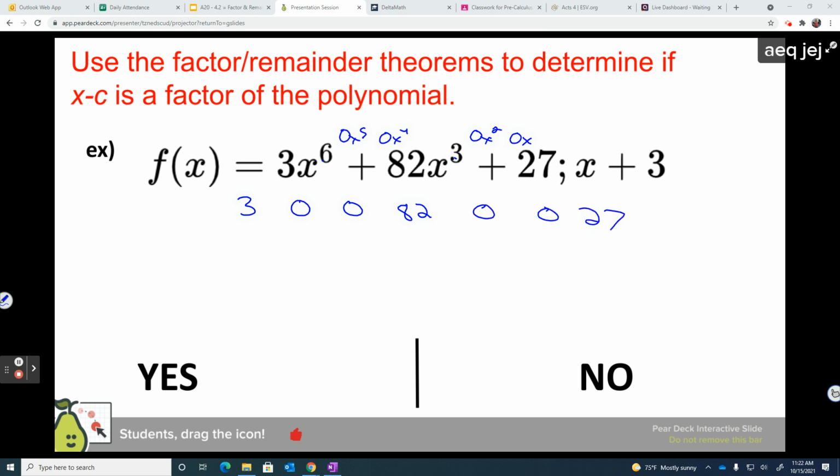So you gotta put 4 placeholder zeros in. Gotta have 0x to the 5th, 0x to the 4th, 0x squared and 0x. It's kind of long, but it still works. Go ahead and give it a shot.